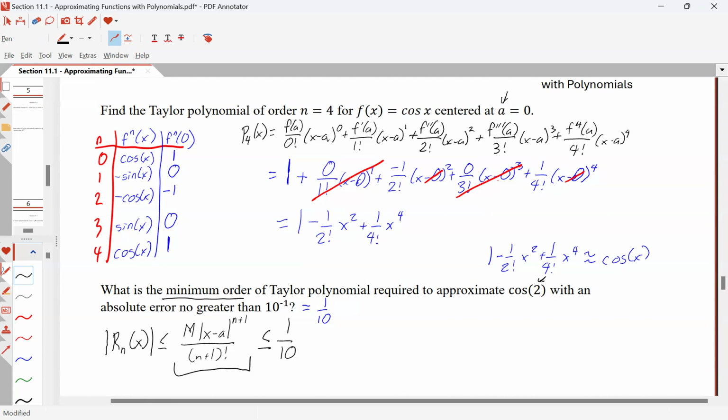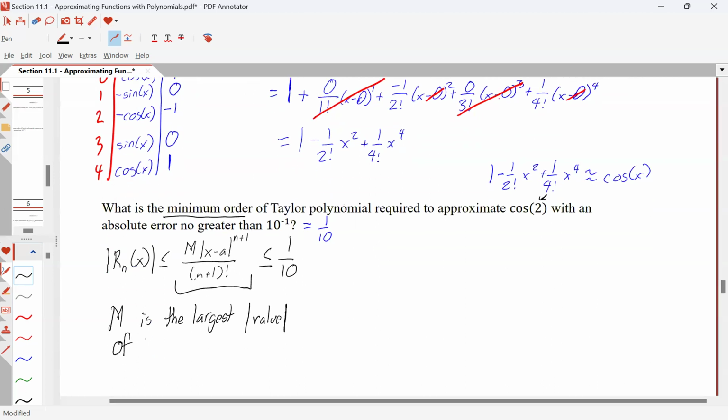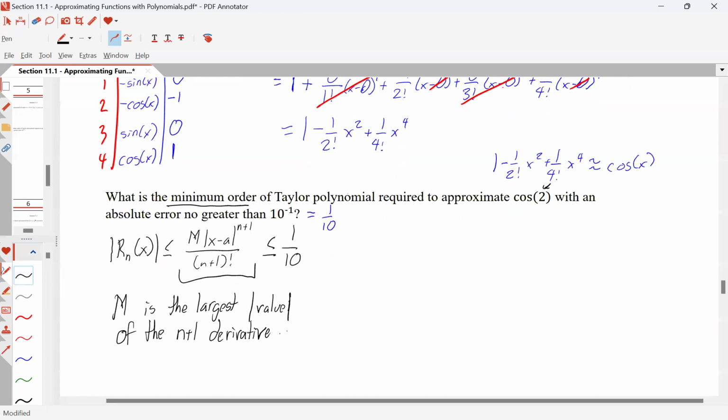We only care up to 2. So x is going to be 2. And M is the largest absolute value of the n plus 1 derivative on 0 to 2.